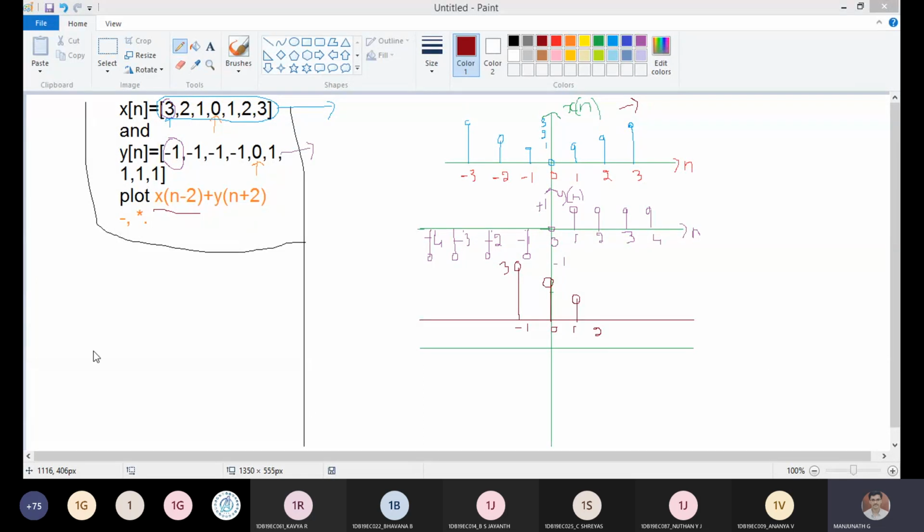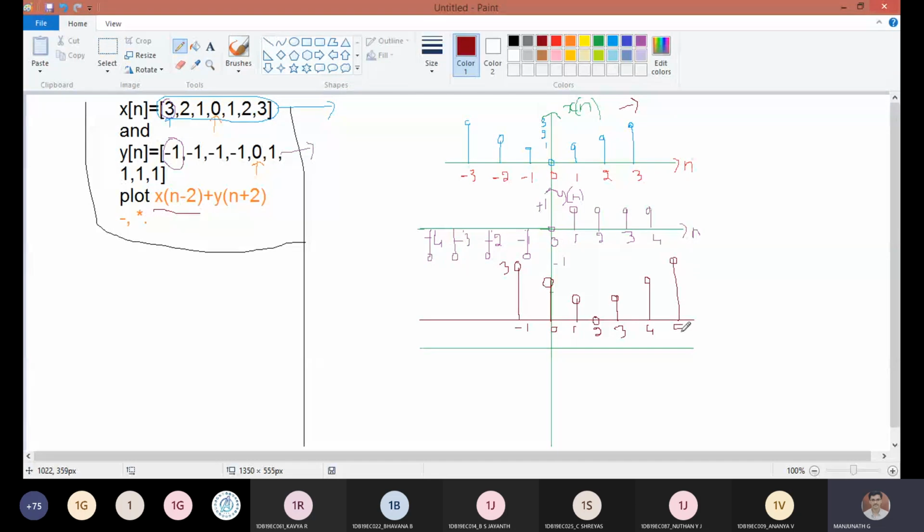So at 2, what is the amplitude? It's 0, right? So I should sample the things at 0 correctly. Then at 3 is having 1. Then 4 is having 2. And 5 is having 3. So is it what the thing we wanted? So 3, 4, and 5.